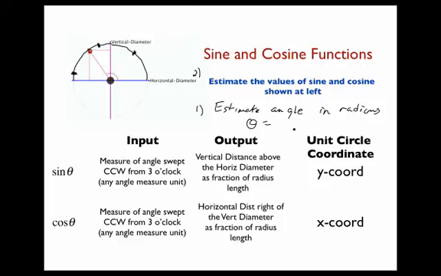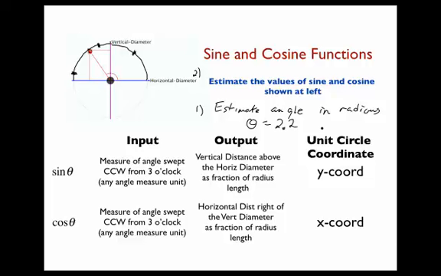Christopher, what do you think? What did you think the angle measure was in radians? 2.2. That was my guess too. Do you see that it's about 1/5 of the way from 2 to 3? Perfect. So 2.2. All right.